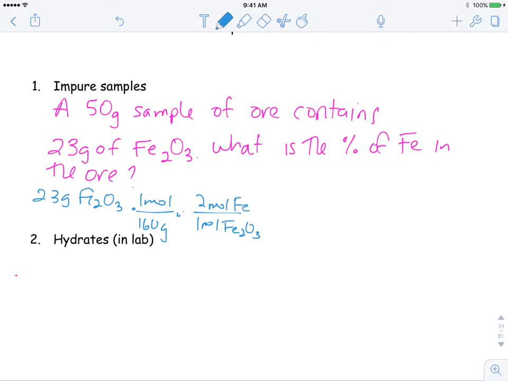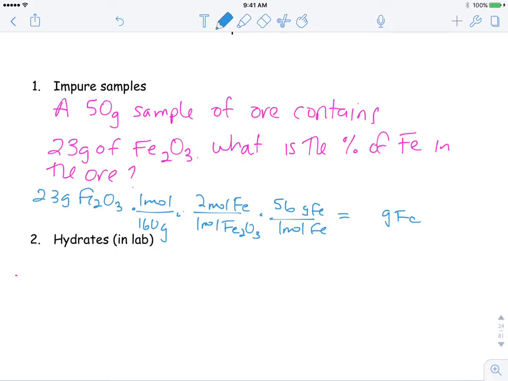And then I can change it back to grams. Iron's approximately 55.85, but I'll make it 56 grams of iron for every 1 mole of iron. And this will give me the grams of iron that are in the sample.